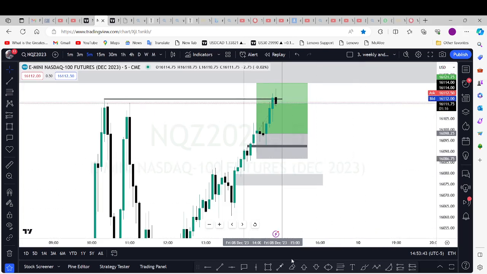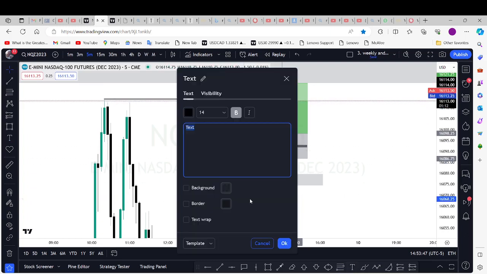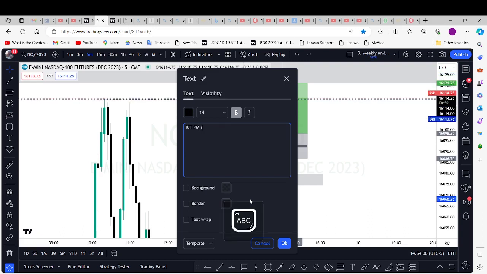Let me annotate for those who were late, who did not know why we took this out. Let's write this down. This is the ICT PM Silver Bullet.